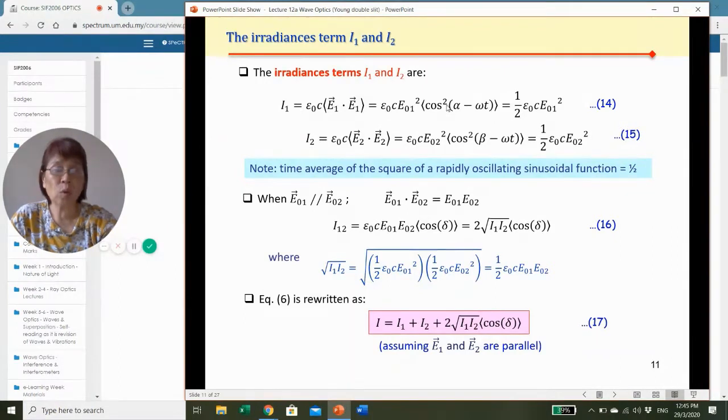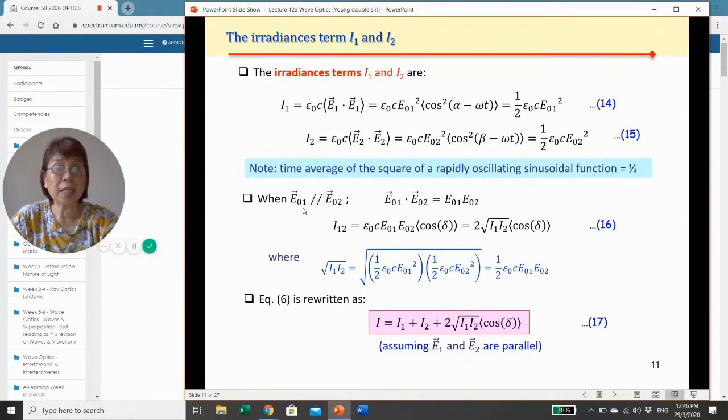Now a squared cosine function, when you take the time average, will give you half. So in the end, I1 will work out to be half epsilon 0, because the wave is traveling in air so we're using the permittivity of free space, multiplied by the speed of light and E01 squared. And likewise, I2 will be equal to half epsilon 0 c E02 squared.